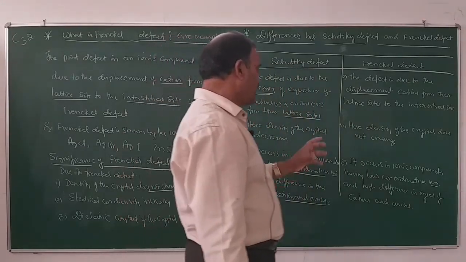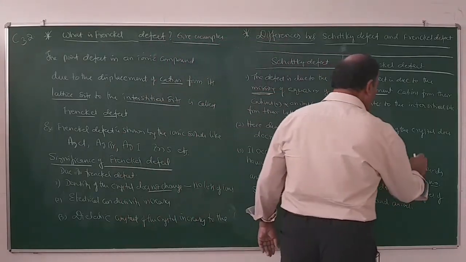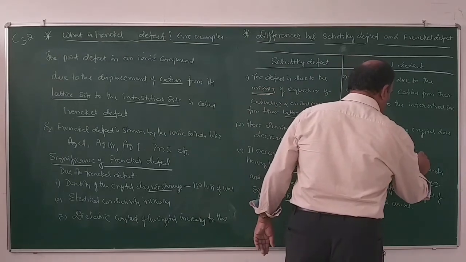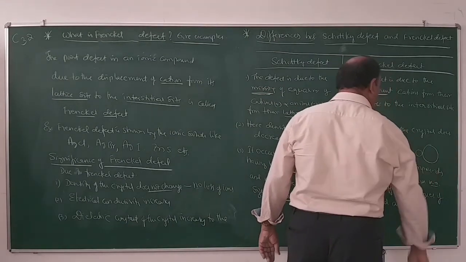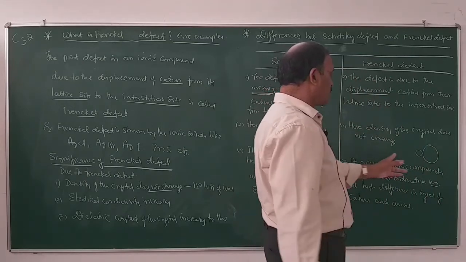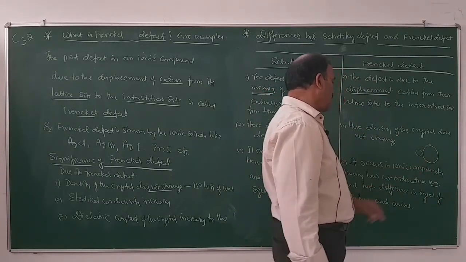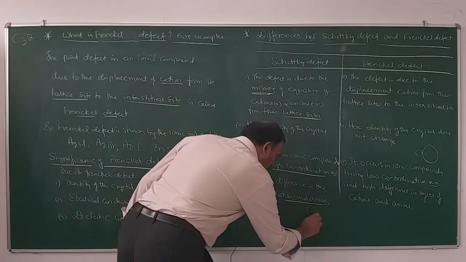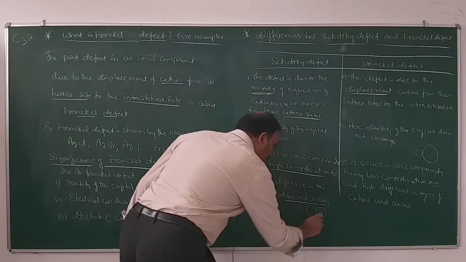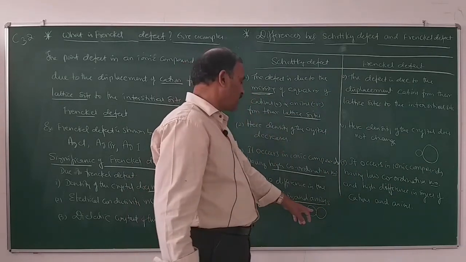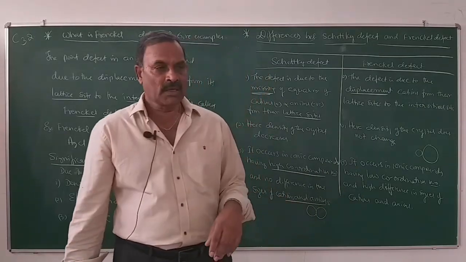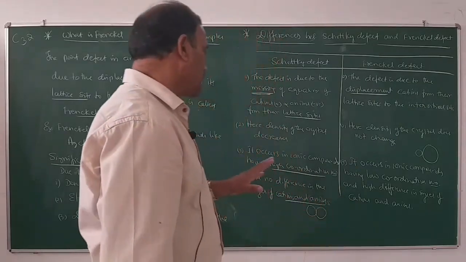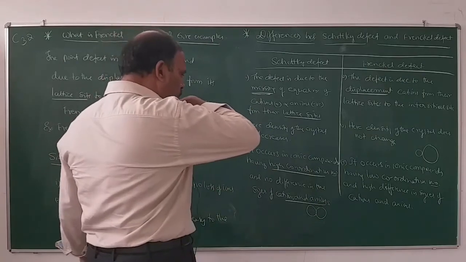The difference in the sizes means cations should be small and anions should be large. There should be a large difference in the sizes of cation and anion. Here there should not be much difference between cations and anions. That means the sizes of cations and anions should be the same.